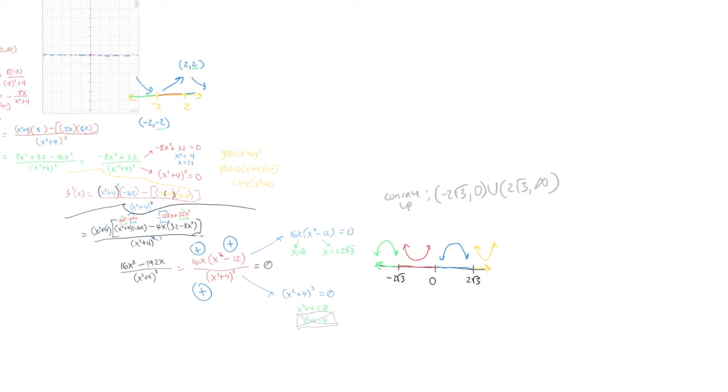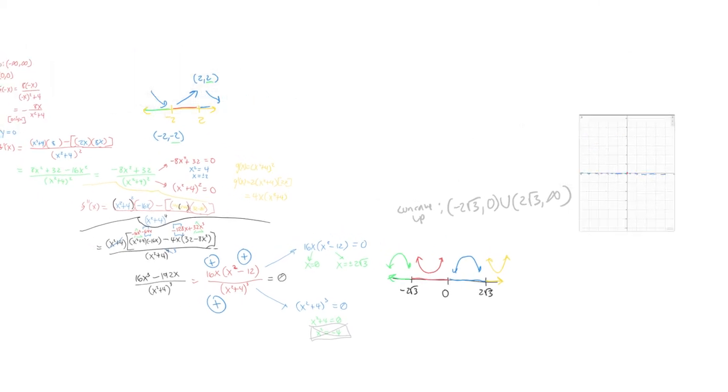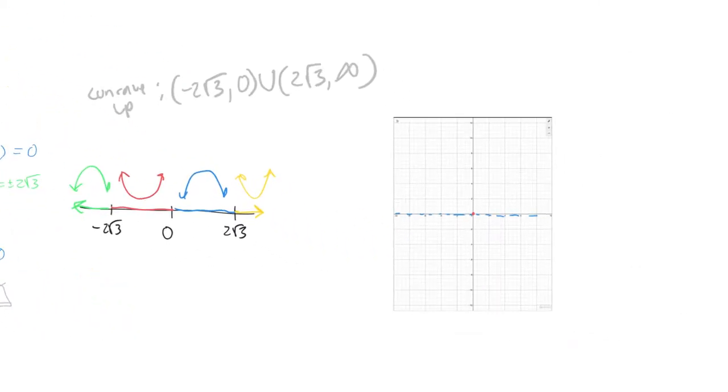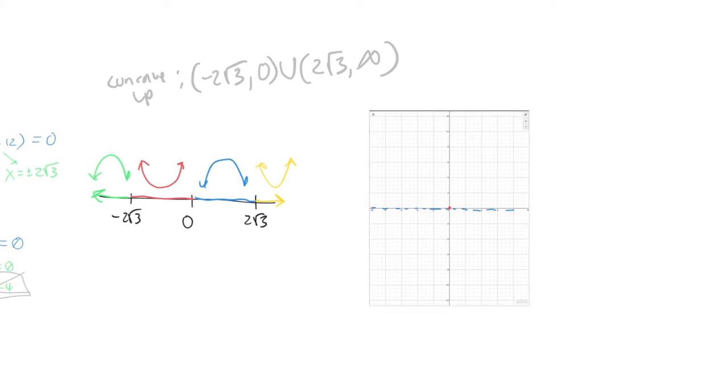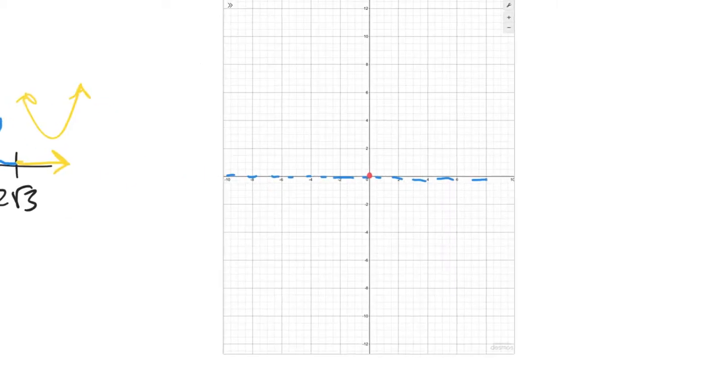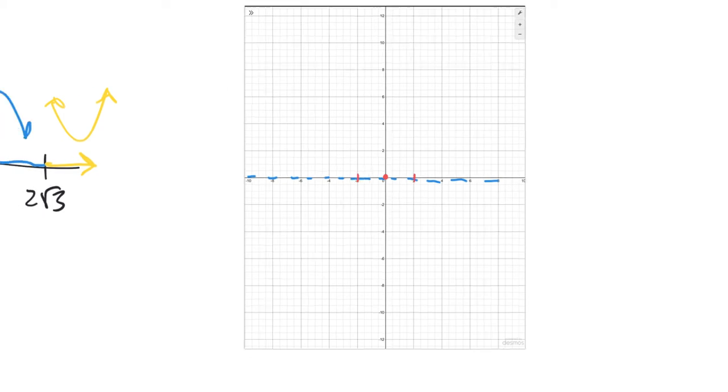So let's do that. We're going to bring this over here. We're going to investigate this situation. So -2 and +2 are critical values where it changes direction.